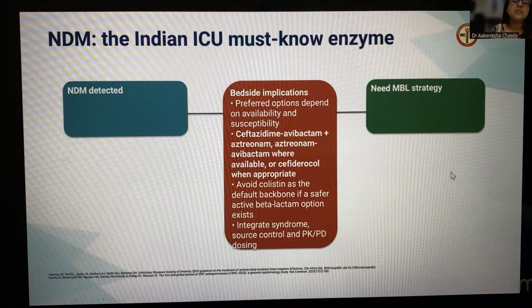Like I said, this is where you want to avoid colistin because you have other options available and you have an active beta-lactam. But do not choose the drug blindly. It has to be integrated with the syndrome you are treating, the PK/PD, the dosing, as well as the source control.